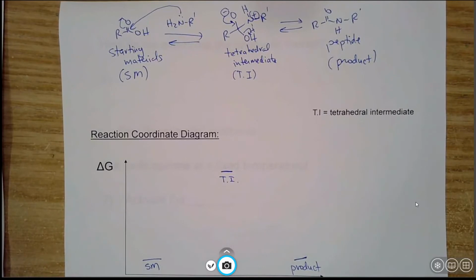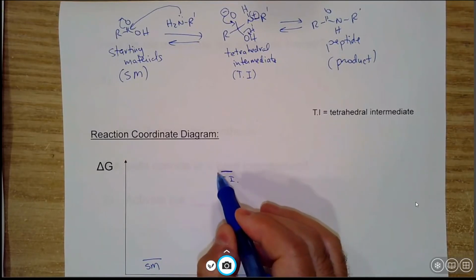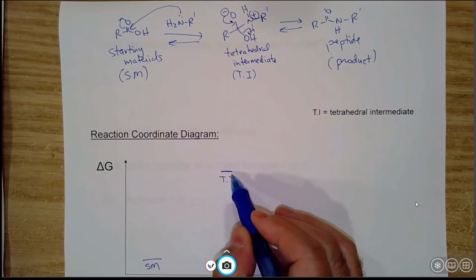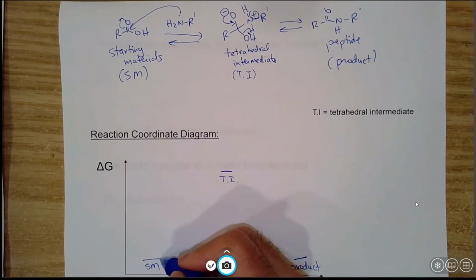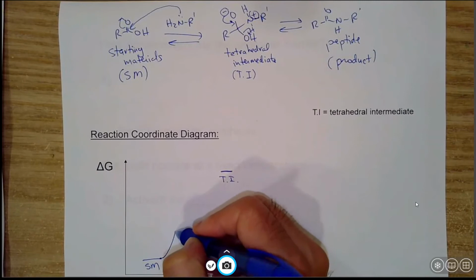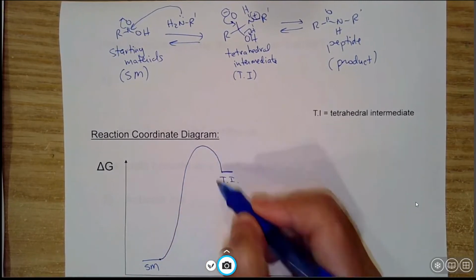Okay, so in order to make your product, you need to have enough energy to get to the tetrahedral intermediate and then eventually get to the product. So what I'm going to show you is the amount of energy that you need for that forward reaction.